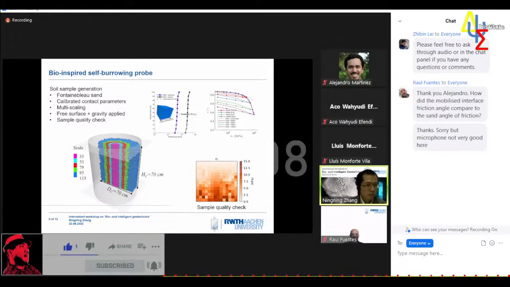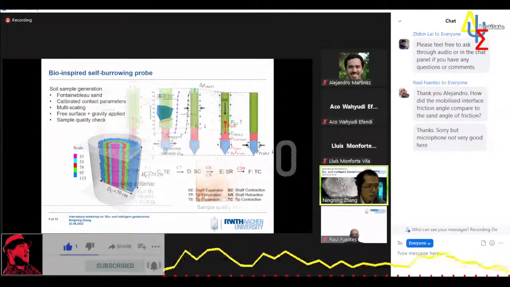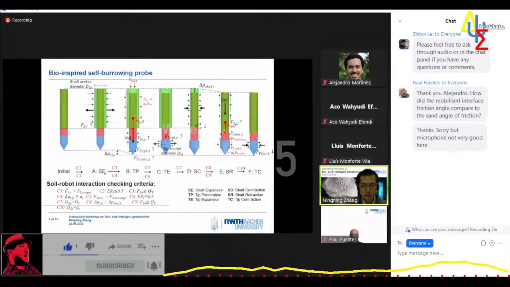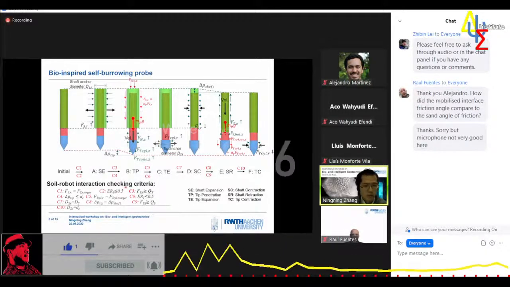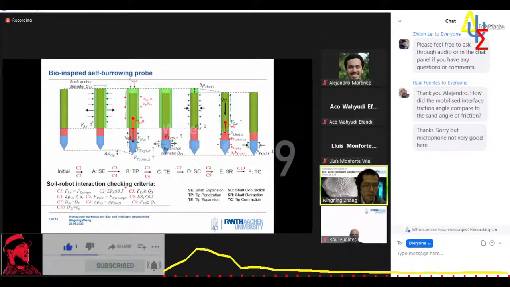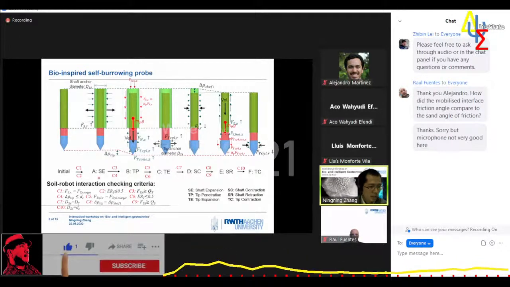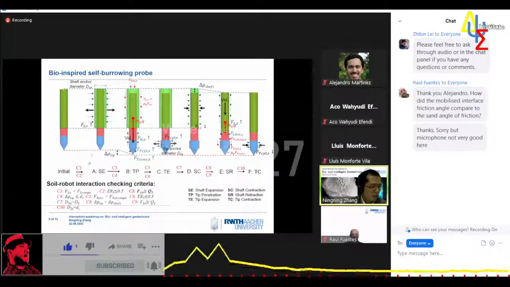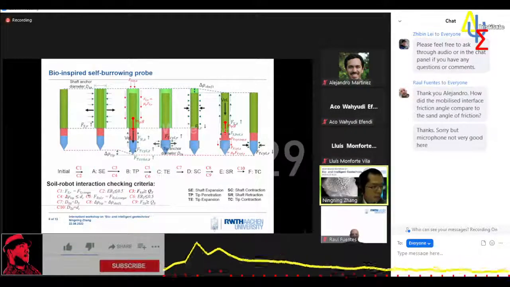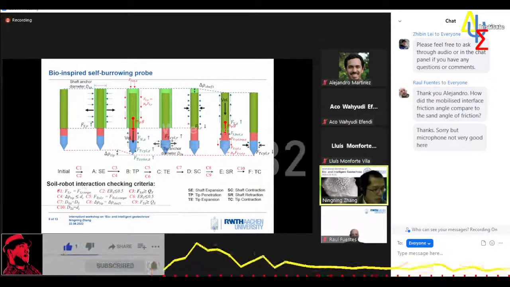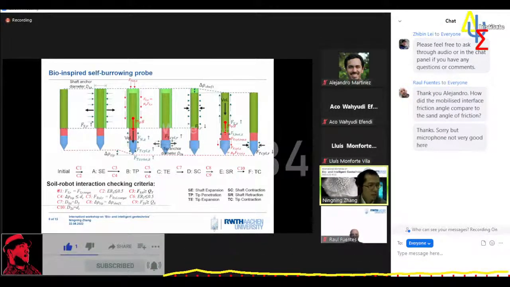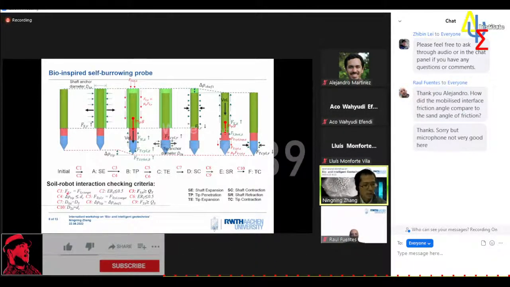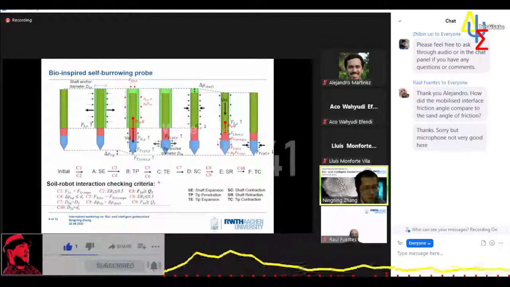When it comes to soil-robot interaction, one or two checking criteria are required in each step of the self-boring cycle, as you can see here. For instance, during shaft expansion, a target force must be reached based on the soil strength around the shaft, as defined by criterion C1.